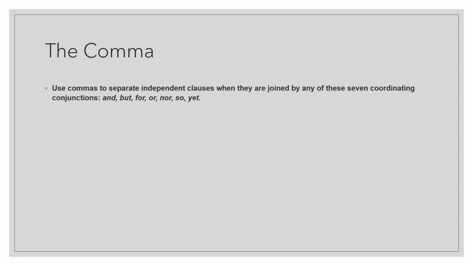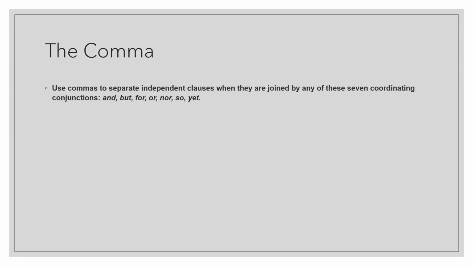Another important comma rule is that we use commas to separate independent clauses, so think mini sentences, when they're joined by any of 7 listed coordinating conjunctions: and, but, for, or, nor, so, and yet.